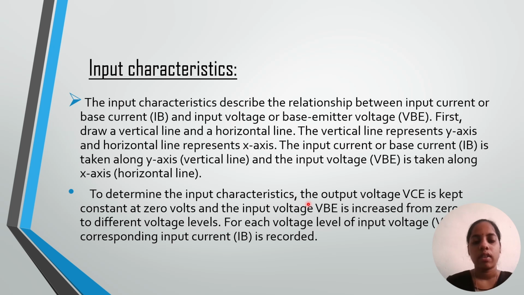Means when we are determining input characteristics, VCE is kept constant at 0 volts and the input voltage and input current are increased, thereby increasing VBE and IB of the transistor.